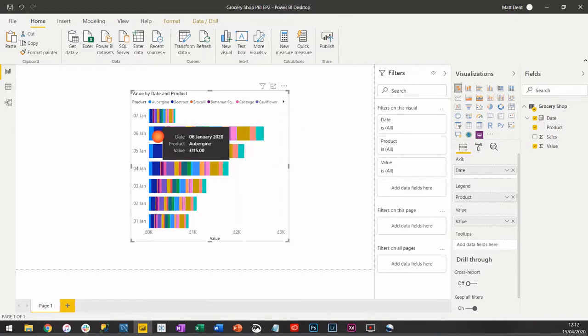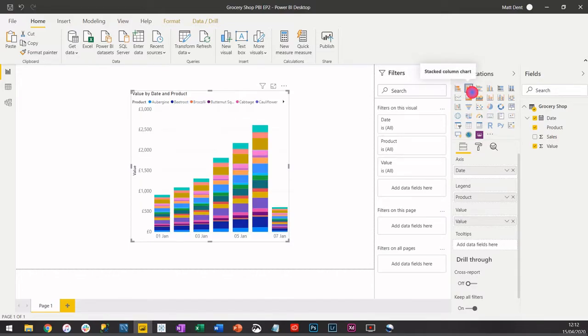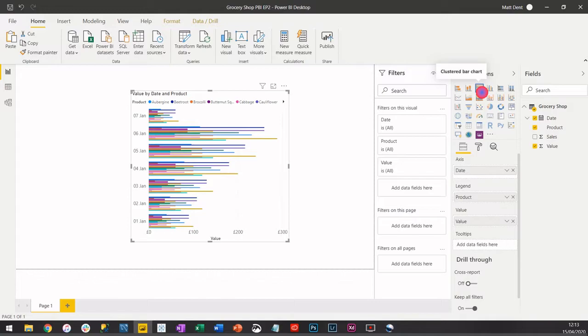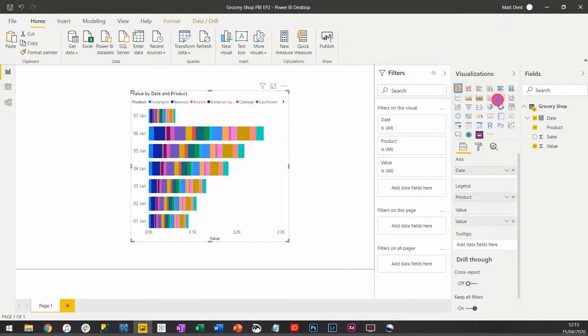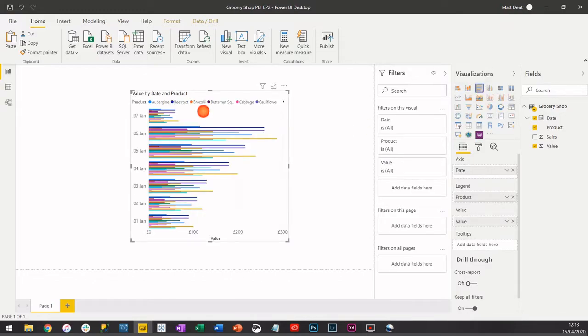Now at the moment we've kept this on our stacked bar chart, horizontal. There's also vertical functionality, which will look like this, and this probably works better because although we've got a comparative data set, we're also looking at this over time. Our other option here is to use a clustered bar chart, which instead of stacking the bars on top of each other like this, shows them all split out individually.